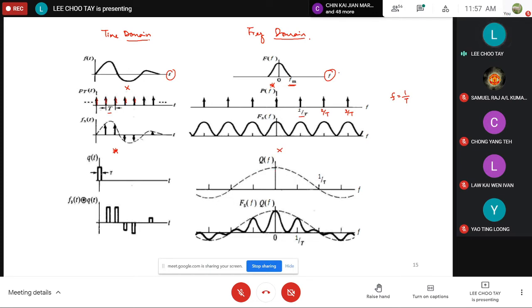The frequency spectrum of a rectangular pulse is a sinc function, and we multiply these two: the spectrum of sampled impulses with the frequency spectrum of a rectangular wave. So what you get is, at baseband, you see the amplitude, the shape is still the same.